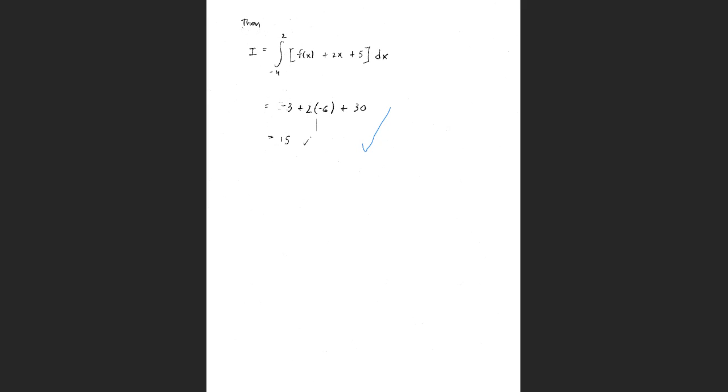Because remember, we have I1 plus 2 times I2, this is I2, that definite integral, plus I3. And that gets you 15.